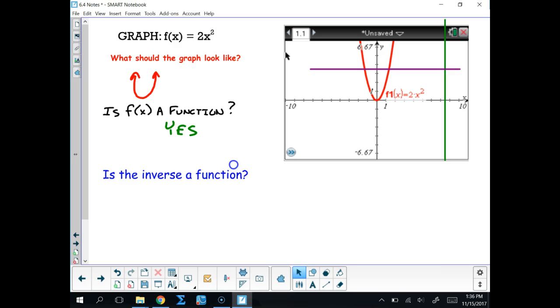Why not? It touches in two spots, right? Touches once here, and it touches once there. And I only need one failure to make it not be a function. So the inverse is not a function.